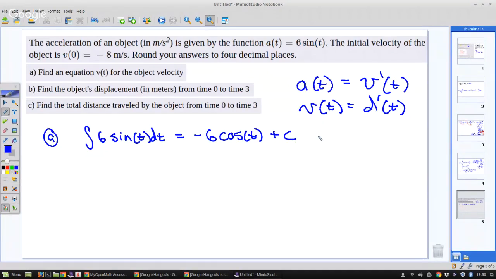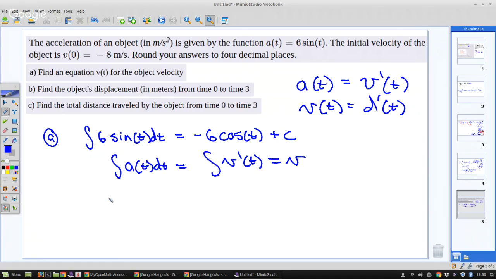Now, because I took the integral of the acceleration function, which is the derivative of velocity, that's going to give me a velocity function. I do have this constant to figure out, and the key there is that v of 0 is negative 8.